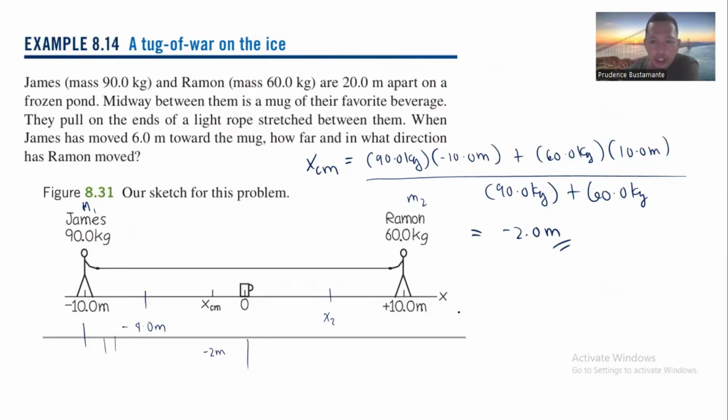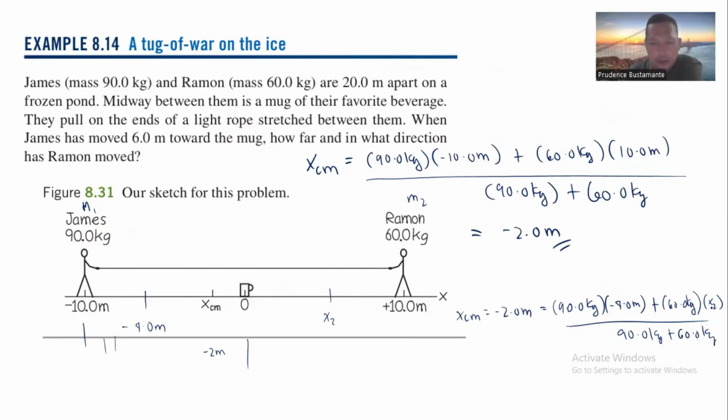Here, x center of mass is equal to negative 2.0 meters. This is equal to 90.0 kilograms times the new negative 4.0 meters, plus 60.0 kilograms times x2, over 90.0 kilograms plus 60.0 kilograms, which is 150.